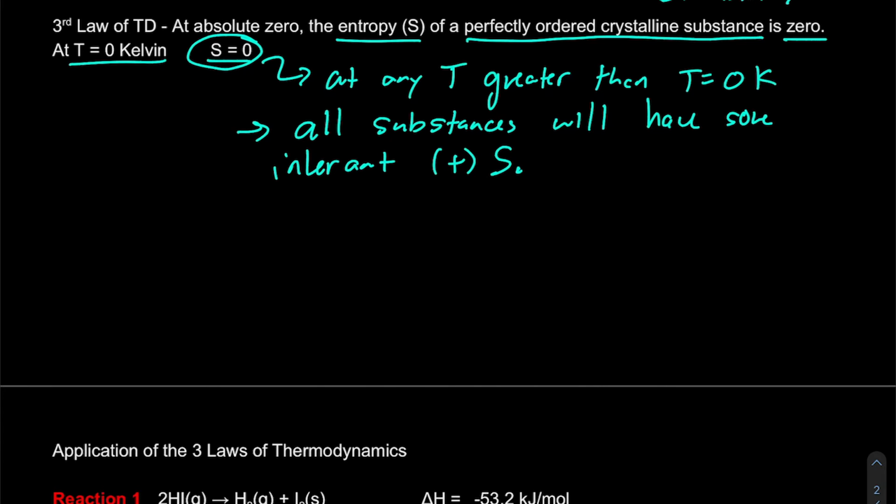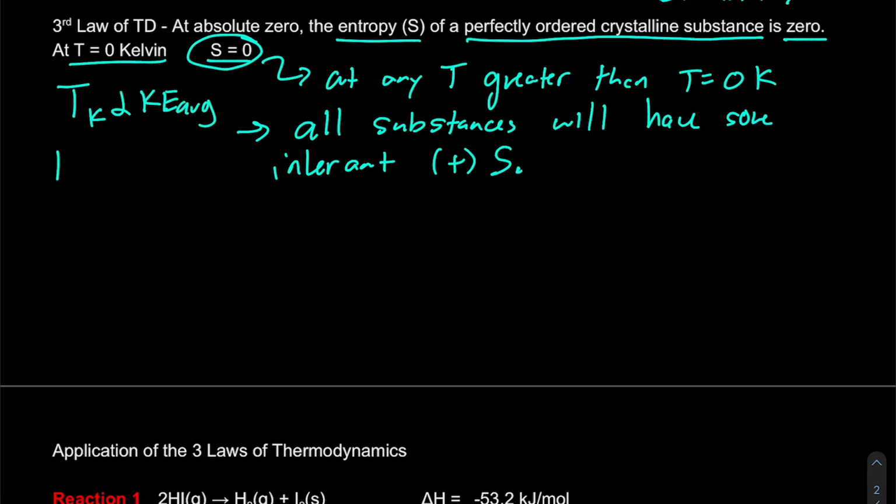Unlike enthalpy, which is not necessarily zero at 0 Kelvin, and Gibbs free energy, which is not necessarily zero at 0 Kelvin, the entropy, the ways that we can distribute energy, has basically only one way to distribute that energy because the particles are not moving around. We know that our temperature in Kelvin is directly proportional to our average kinetic energy.